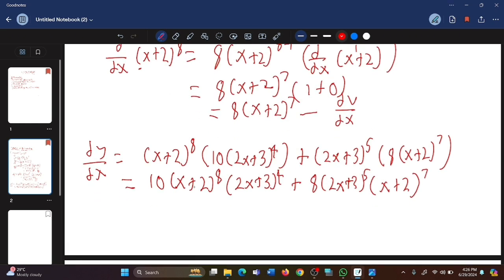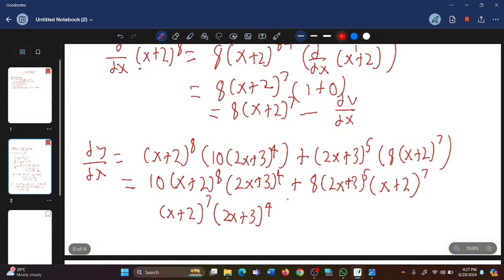Now I can further simplify this equation by taking common factors. On both sides of the plus, we have x plus 2 as well as 2x plus 3, so we can take both as common. I can take (x plus 2) to the power 7 as well as (2x plus 3) to the power 4 as common.